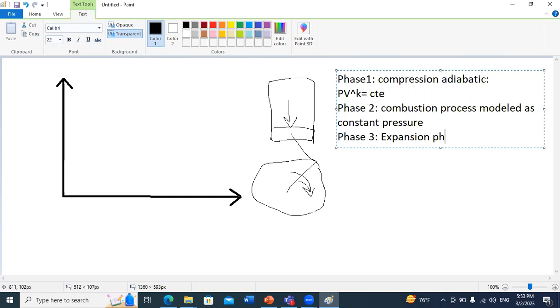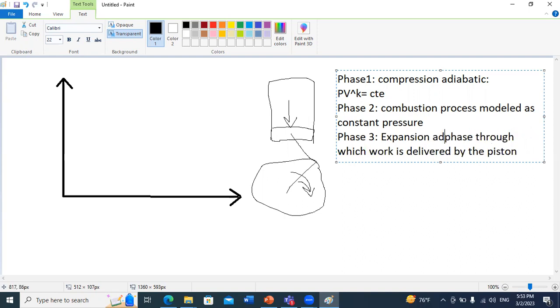This is the expansion phase through which work is delivered by the piston. And it can also be treated, I will tell you, for example, as adiabatic. So expansion is also adiabatic, and it can be treated with the same formula, PV^K equal to a constant.